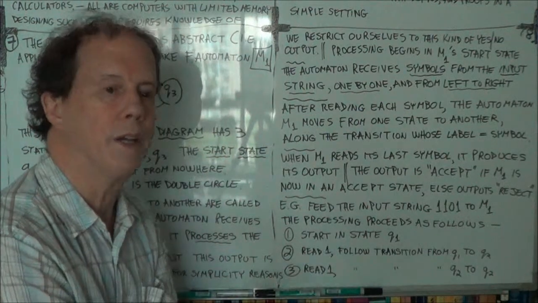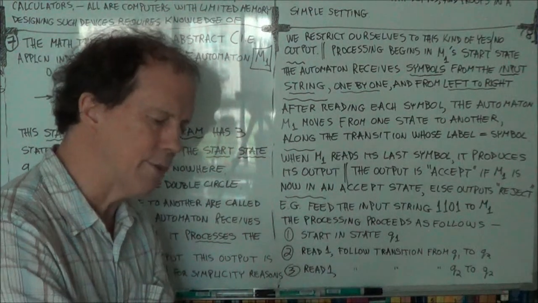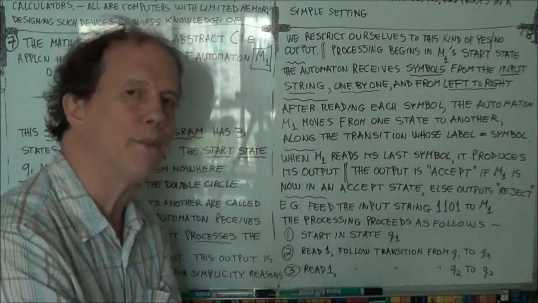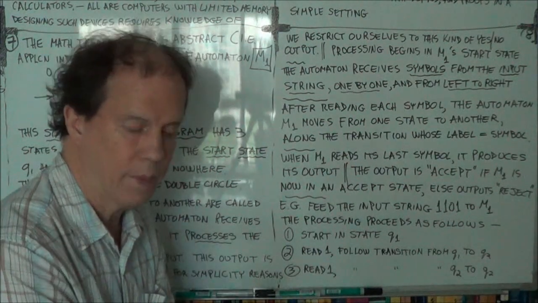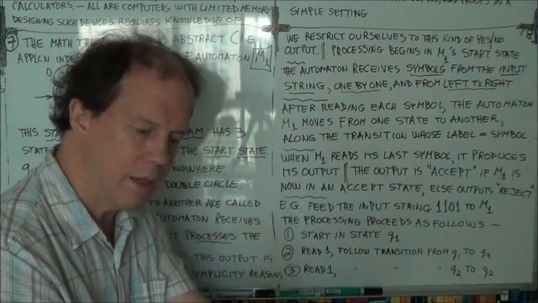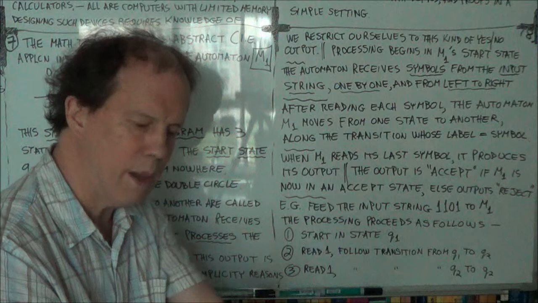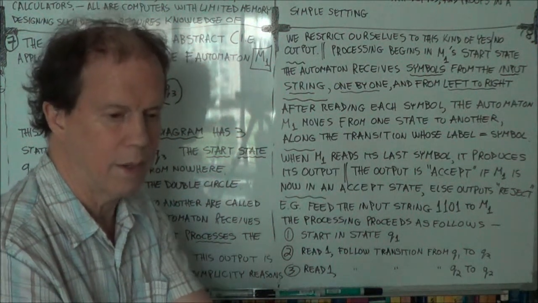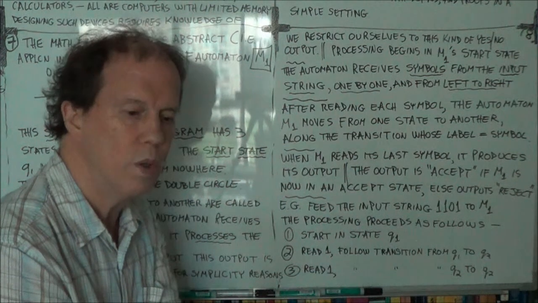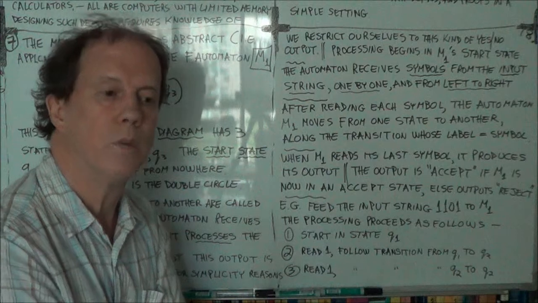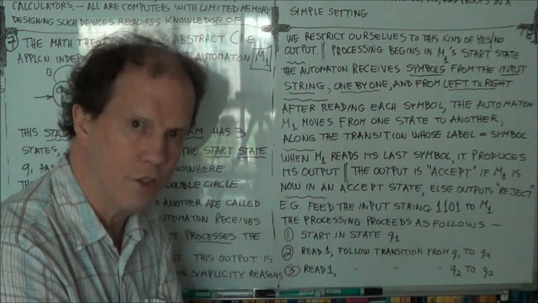So all those members of that set get accepted by your automaton. And in set B, any member of that set, if you input that string to your automaton, M1, it will reject that string.